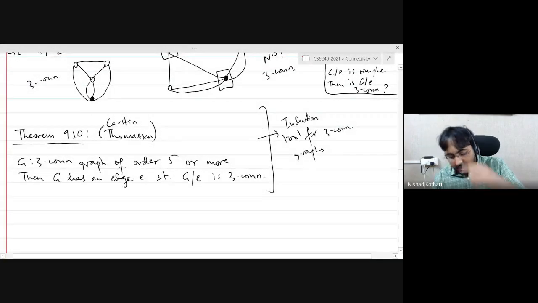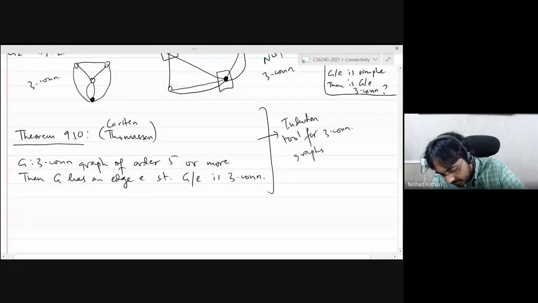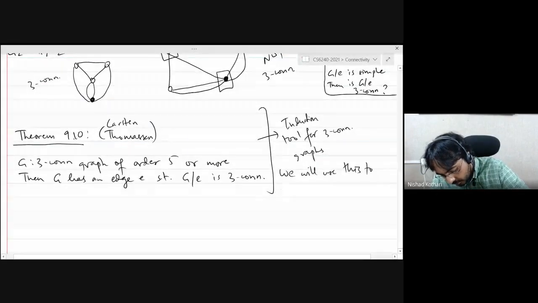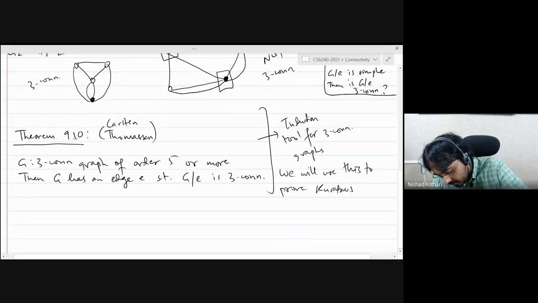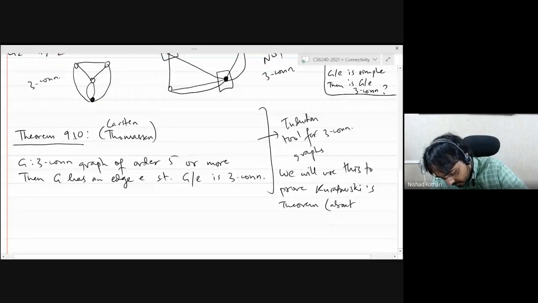And we will see an application of this result to prove the very famous Kuratowski's theorem concerning planarity in the next module of this course.